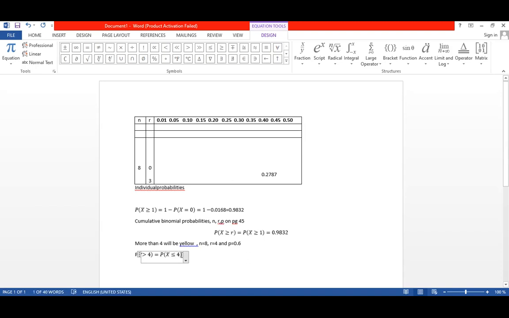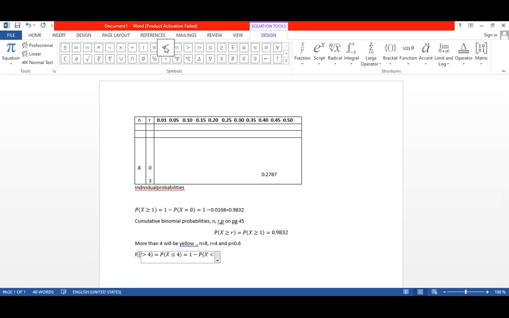Can this be the same as 1 minus the probability of what? X less than 4. Yes, less than 4.